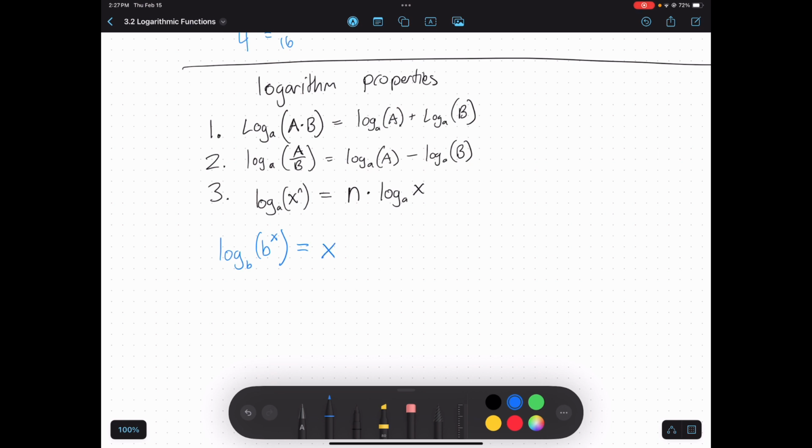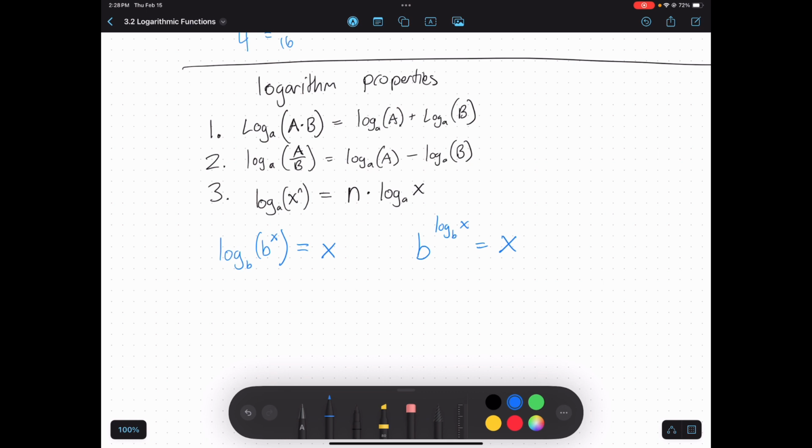If I switch this around and do b raised to the power of log base b of x, what do I get? Well, log base b of x represents, okay, what power would I raise b to in order to get x? And then I'm raising b to that power. So I end up with x.